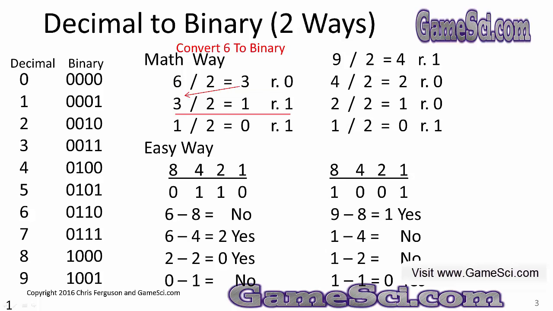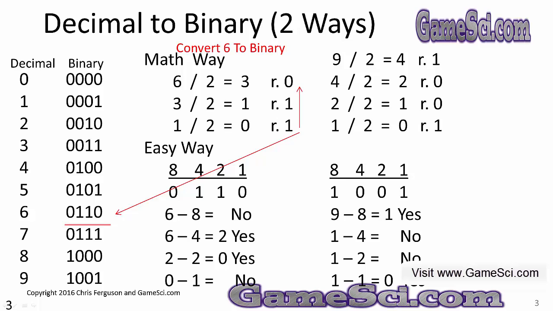With that 3 left over, I'm going to do 3 divided by 2, which is equal to 1, with a remainder of 1. That 1 left over, I'll say 1 divided by 2, which is equal to 0, with a remainder of 1. What I'm doing is repeatedly dividing by 2 and tracking what the remainder is. And when I'm all done, when I get down to 0, read the remainders backwards.